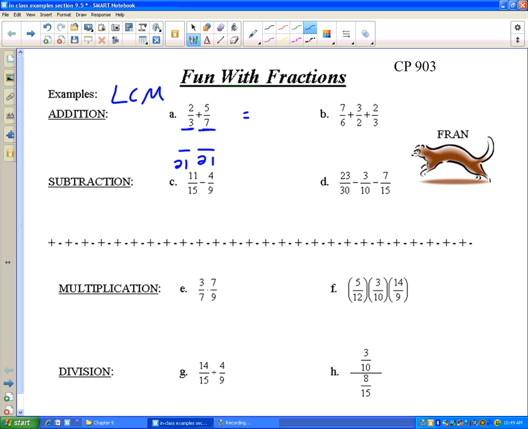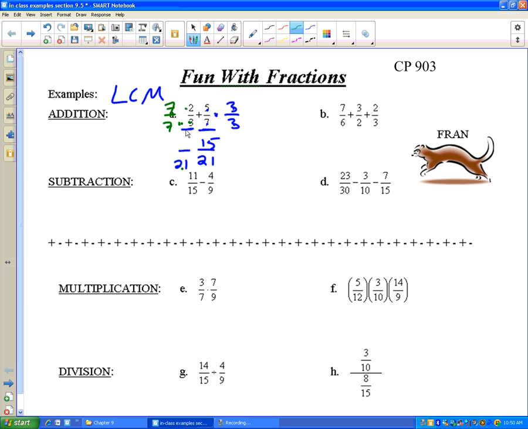And so then the question is, 7 times what? Well, 7 times 3 is 21, so I have to multiply 5 times 3. 5 times 3 is 15. 7 times 3 is my 21. Here, I want to do the same thing. 3 times what is 21? Well, that's 3 times 7. 3 times 7 is 21.